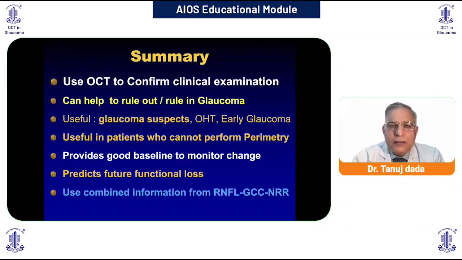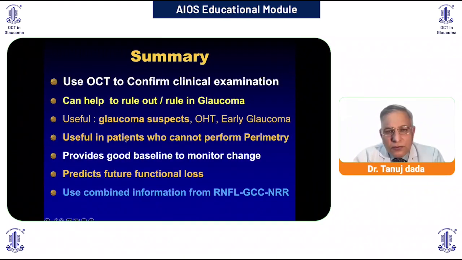So to summarize what you have learned today, it is best to use the OCT to confirm what you are suspecting clinically. It can definitely help to rule out or rule in glaucoma and confirm your clinical suspicion. Very useful in patients who are glaucoma suspects, large cup disc ratio, ocular hypertension, and early glaucoma.